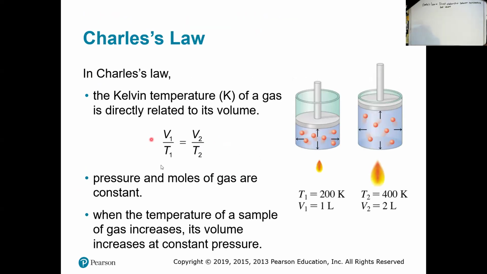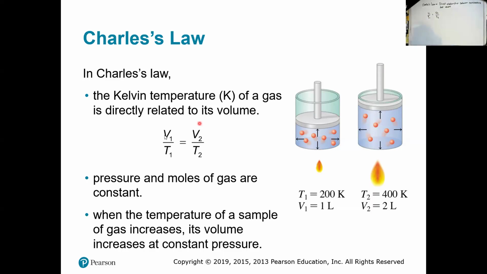The formula for Charles' law looks like this. The reason the formulas are what they are will make more sense to you once we look at the ideal gas law. But when we are looking at Charles' law, we're going to be looking at the volume of the gas in scenario 1 divided by the temperature of the gas in scenario 1 will be equal to the volume of the gas in scenario 2 divided by the temperature of the gas in scenario 2.